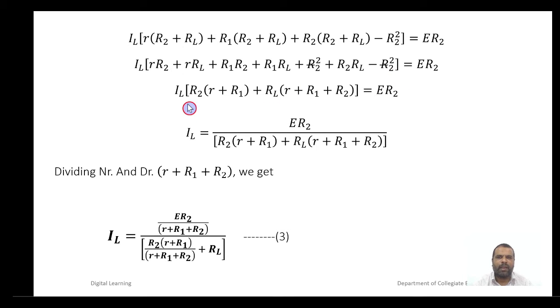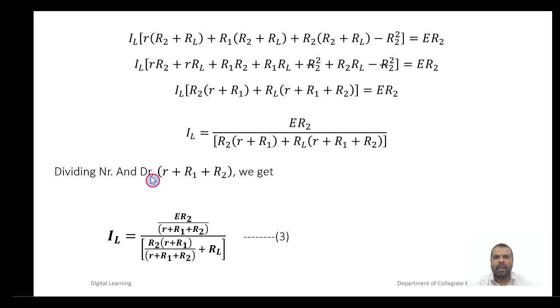IL into [R2 into (r plus R1) plus RL into (r plus R1 plus R2)] is equal to E R2. IL is equal to E R2 divided by [R2 into (r plus R1) plus RL into (r plus R1 plus R2)].